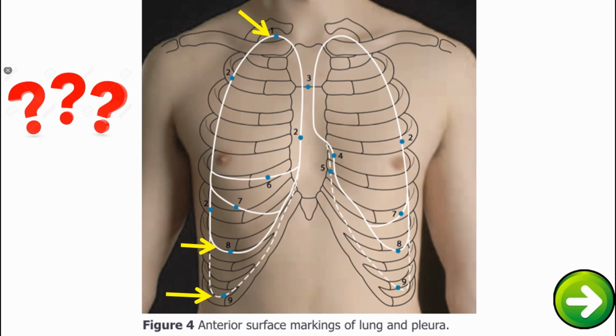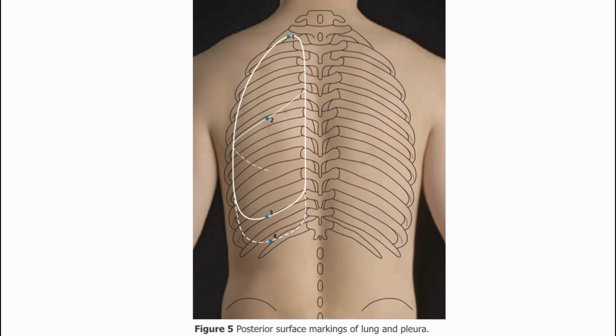So the pleural cavity is a little bit larger than the lungs, because the lungs need to expand, and when they expand they need a space. This is a posterior view of surface markings of the lower end of the lung and the lower end of the pleural cavity. So the pleural cavity is larger than the lungs.